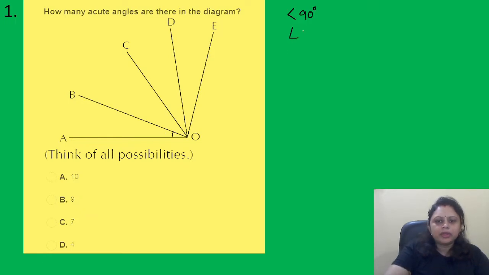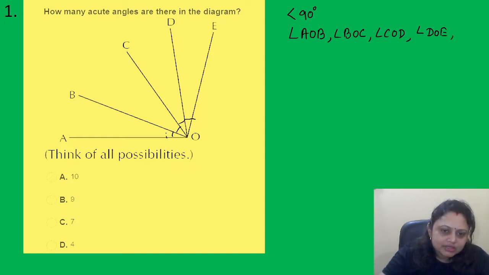Angle AOB, then this one angle BOC, then angle COD, then angle DOE. Now this AOC is also less than 90 degrees, right? We can see it.